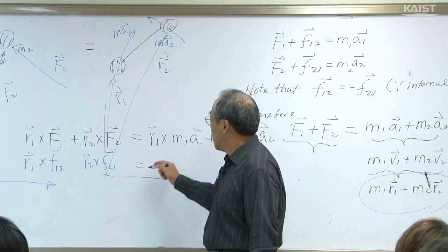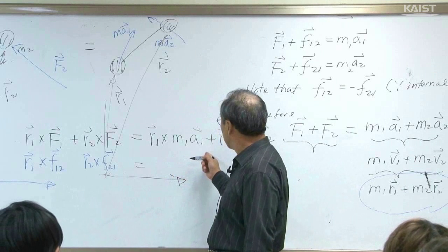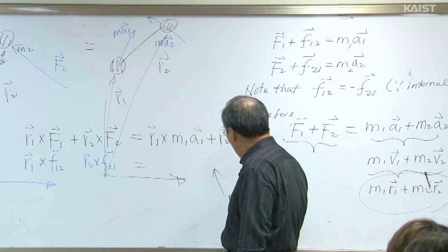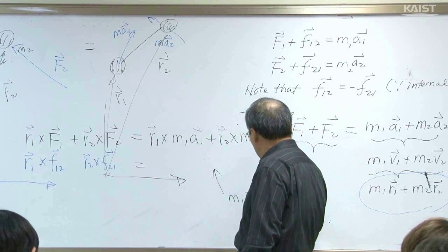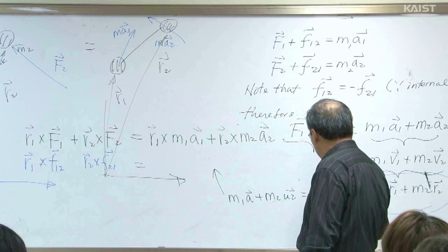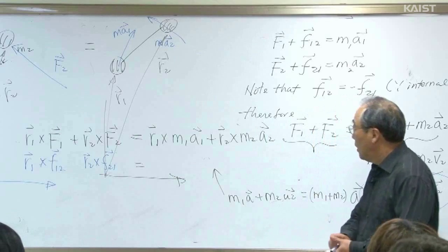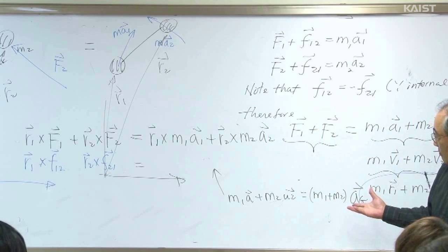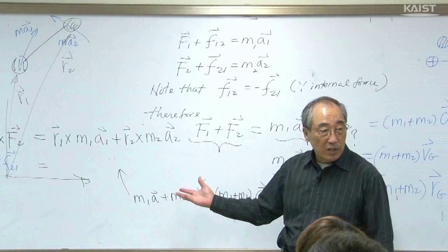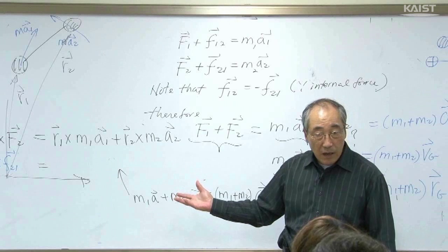And what is this? You know that M1 A1 plus M2 A2 is equal to M1 plus M2 times AG vector, but we do not know how this one is related to each other. Okay?